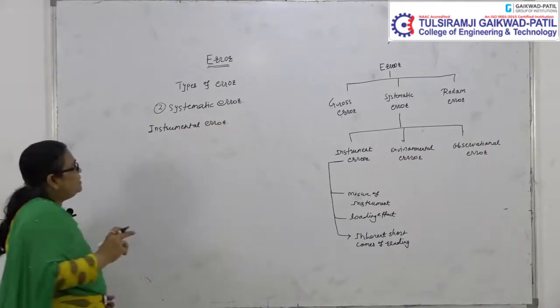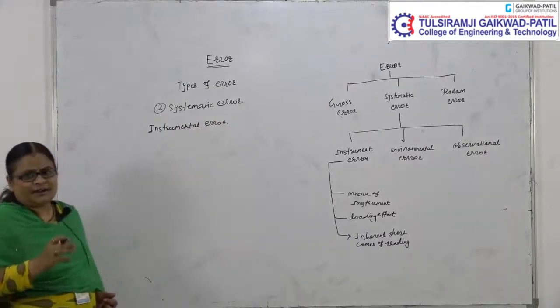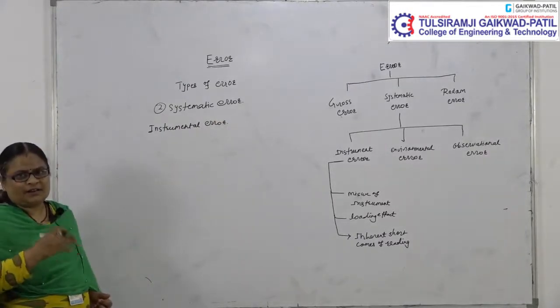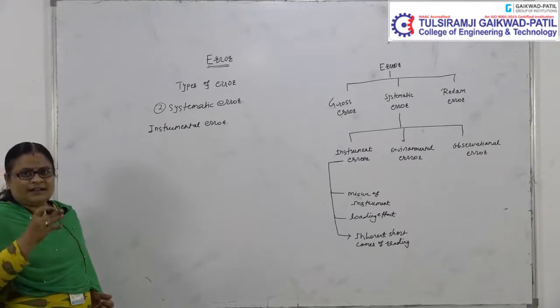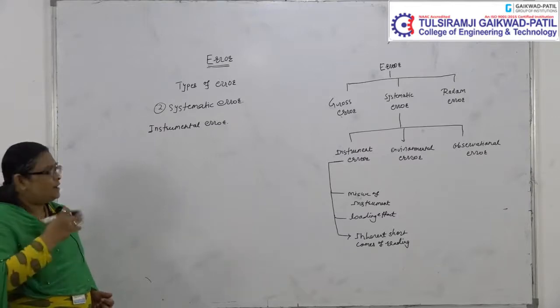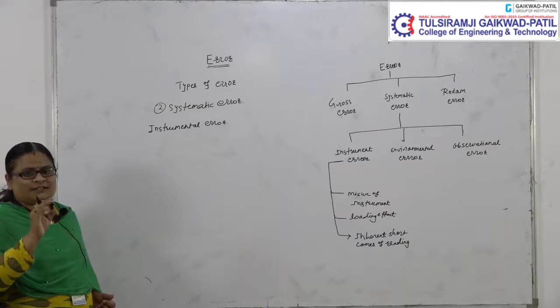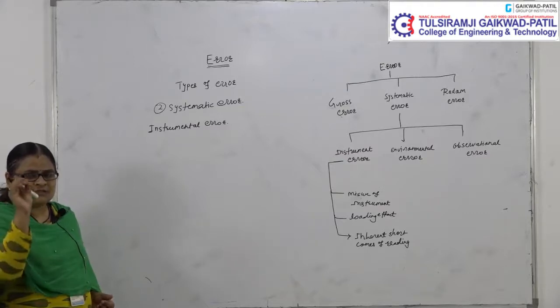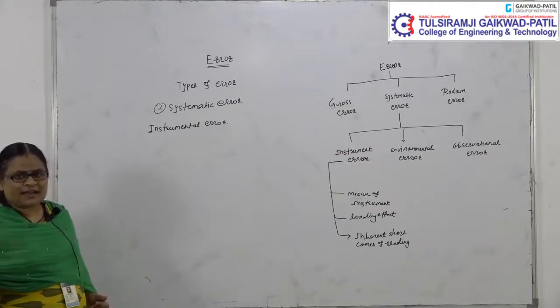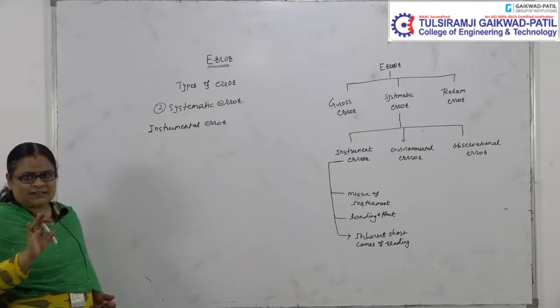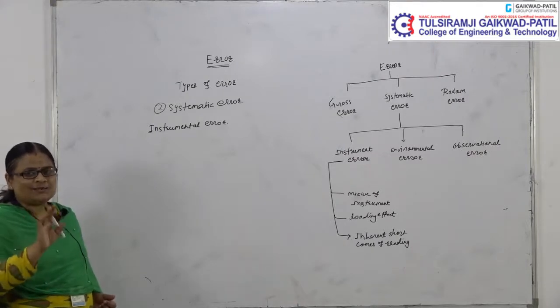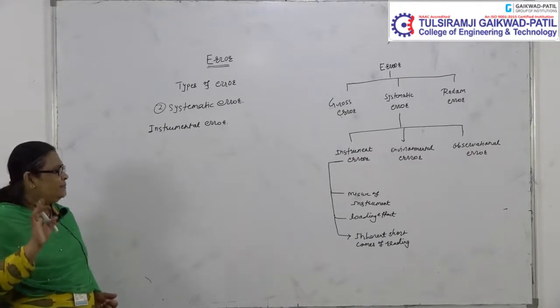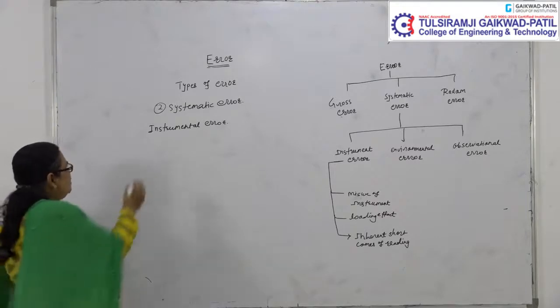So, the instrument reading is dependent upon various parameters, that is the loading effect, that is the inherent use. For example, if you are taking the reading of a vernier caliper and VSR and MSR match with one point in this direction and another point in that direction, that error is known as an instrumentation error. Next is environmental error.